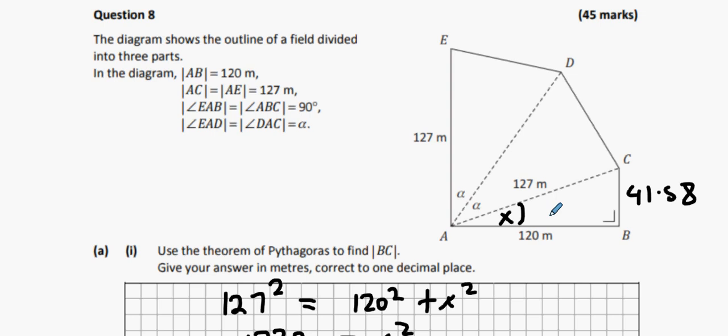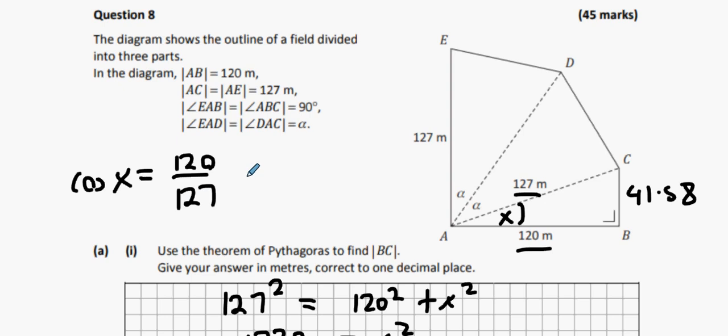Now, I've been inclined to use cos because they're the original two numbers, aren't they? So what I just say is cos x equals adjacent over hypotenuse. Adjacent is 120, opposite is 41.58, and hypotenuse is 127. So I'm going to use adjacent over hypotenuse, which is 120 over 127.